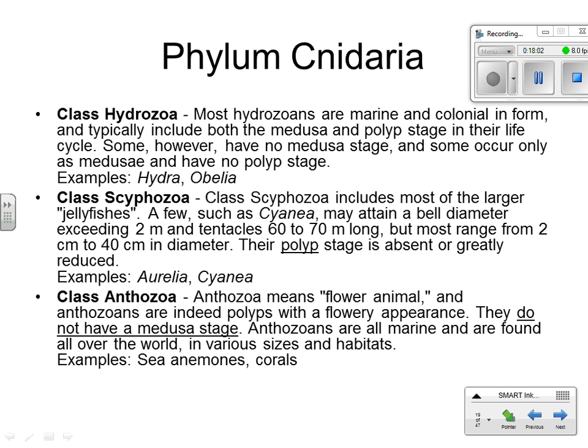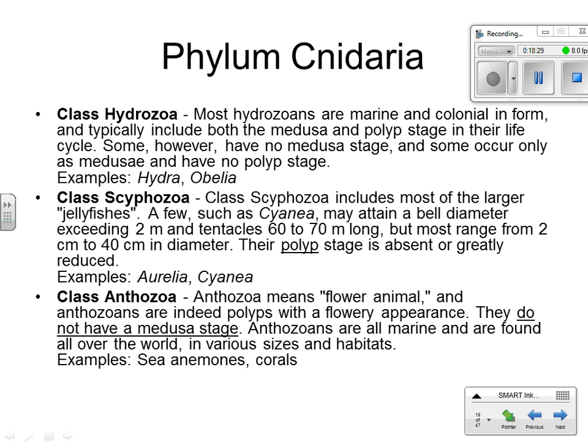So the phylum Cnidaria is divided into 3 main classes. The hydrozoans, which are things like the hydra, freshwater for the most part, although there are some marine ones too. That's about all you need to know about that for right now.